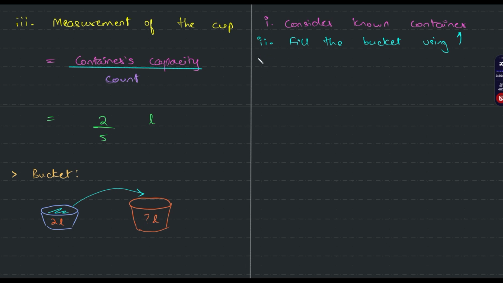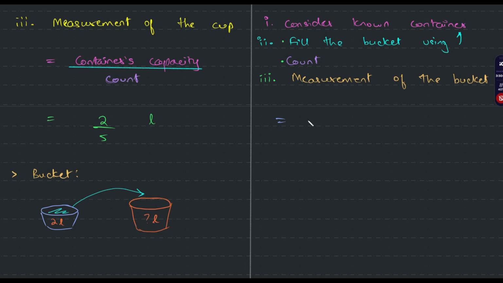Then along with this, count. And then the third step is, what do you guys think we should do? Measurement of the bucket. What I mean is, should we multiply or divide? Think. In this case, we should multiply.